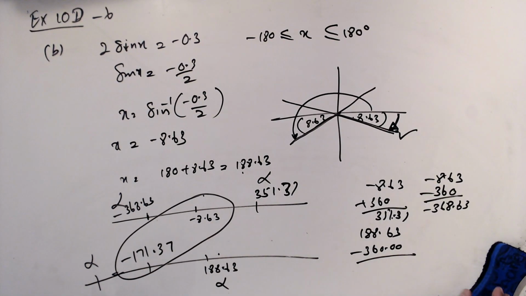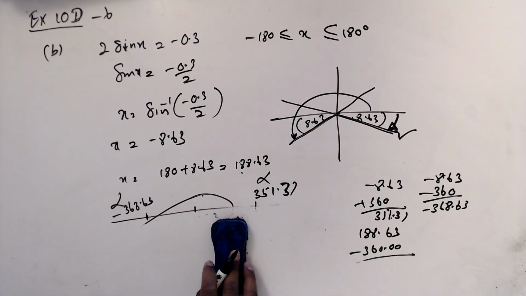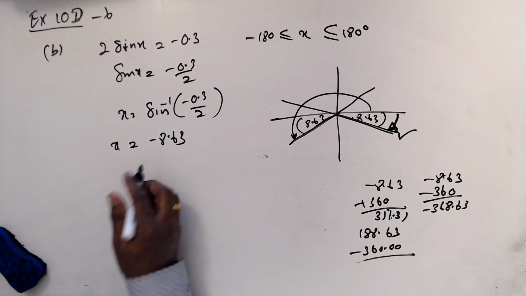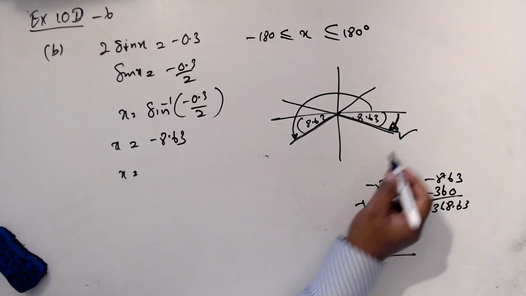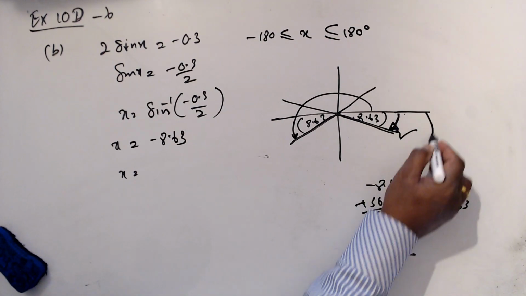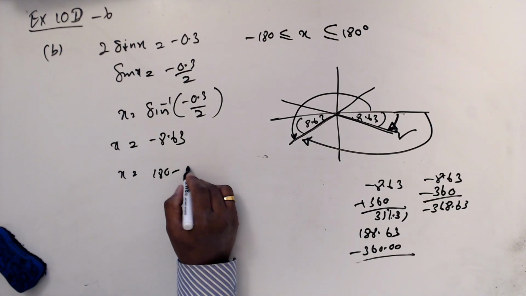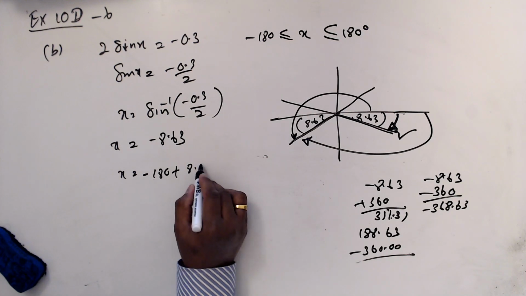Oh, I accidentally erased it. So x equals, you can come to this one to that one, 180 minus 180 plus 8.63.